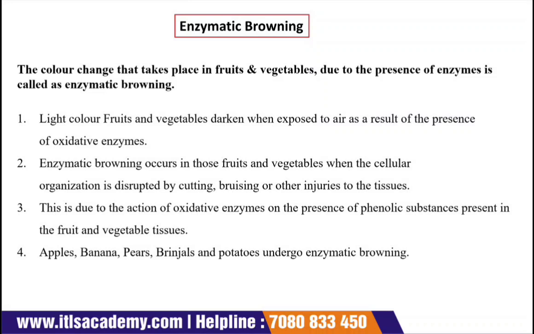So light color fruits and vegetables darken when exposed to air as a result of the presence of oxidative enzymes. After you cut a slice of the fruits and vegetables, the color changes. How does the color change?